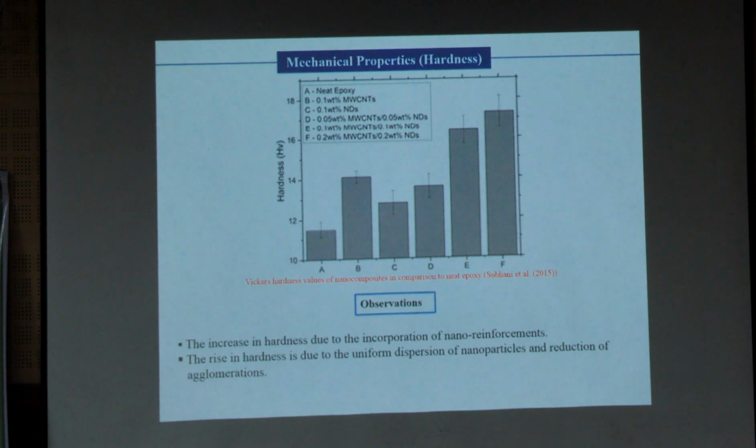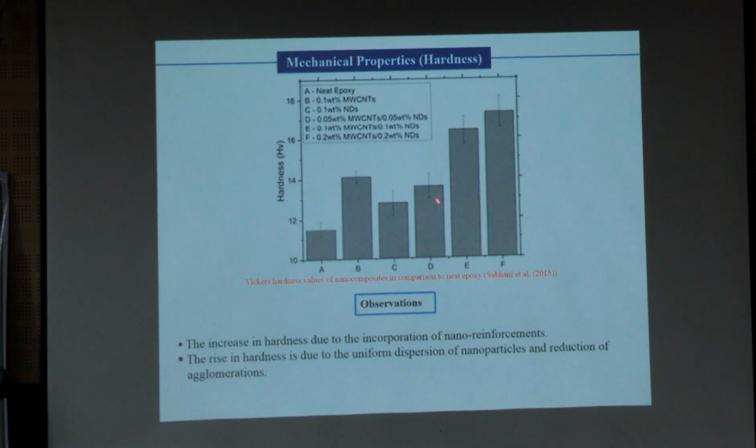So normally whatever properties we require, those properties we can test. So if you see, this is one example. If you see hardness, actually this is the neat epoxy, that is without mixing anything. This is a matrix material, and then here we are mixing the carbon nanotubes, and here we are mixing the nano diamonds, and that means these two are nano composites, and these three are hybrid nano composites.